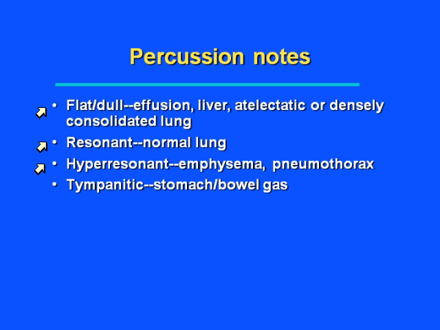That would be described as hyperresonant. So there is a difference between emphysema and pneumothorax. Emphysema would have to be very severe to sound exactly like a pneumothorax, because a pneumothorax has no lung tissue at all in the area you're percussing, but a large amount of free air.